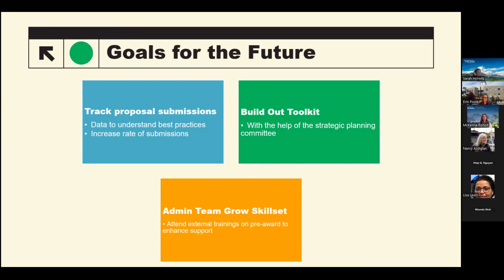So you see here on this slide: tracking the proposal submissions, using data to best understand best practices, increasing the rate of submissions, building out the toolkit with the help of the Strategic Planning Committee. This will help to make applying to grants easier, and of course the Cayenne Fiscal team is excited to help and make it more uniform.